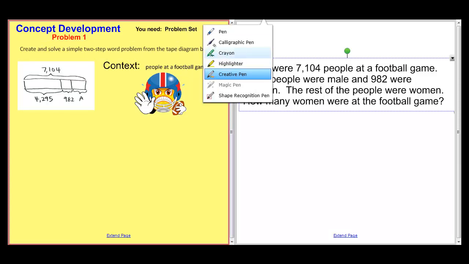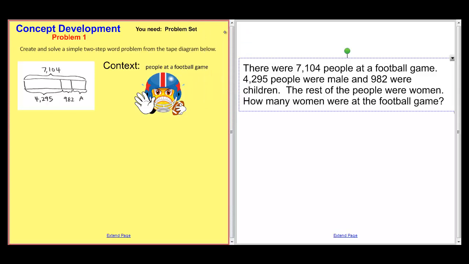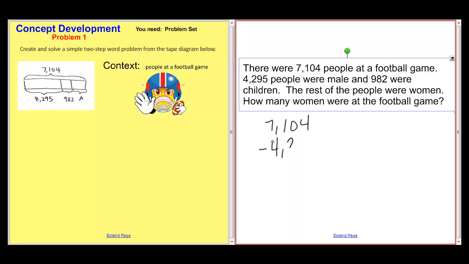Okay, so I'm going to begin by taking 7,104, and I'm going to subtract 4,295. I am not ready to subtract in the ones, but when I go to the tens, there's nothing to decompose, so I have to go to the hundreds. I have no hundreds, but I have 10 tens. I'm going to decompose one of those tens.